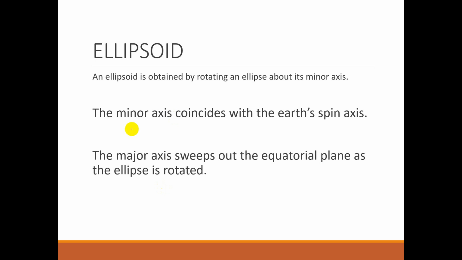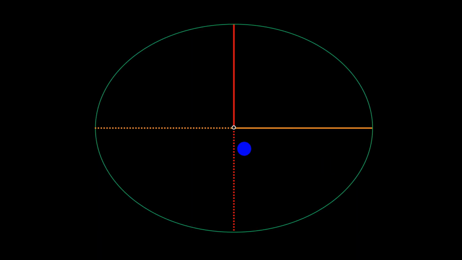To avoid confusion, just remember this: minor axis, Earth spin axis; major axis, equatorial plane. So here's the illustration. This is the Earth spin axis, same as the red line here.